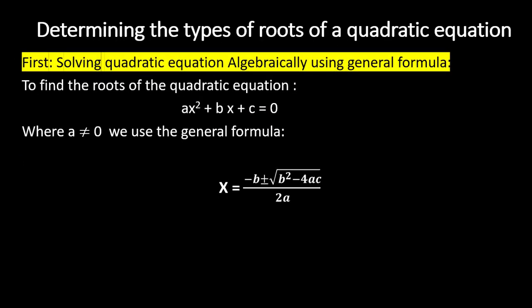The general formula is that x equals negative b plus or minus the square root of b power 2 minus 4ac, over 2a, where a is the coefficient of x power 2, b is the coefficient of x, and c is the absolute term. So if we have any equation from the second degree in one variable, or a quadratic equation, we can use this general formula to get the two solutions, or the roots of the equation.